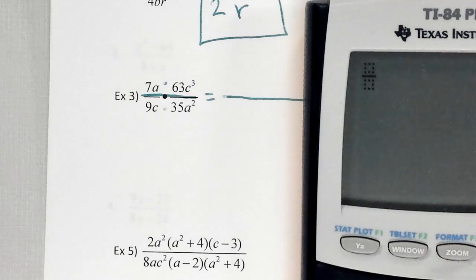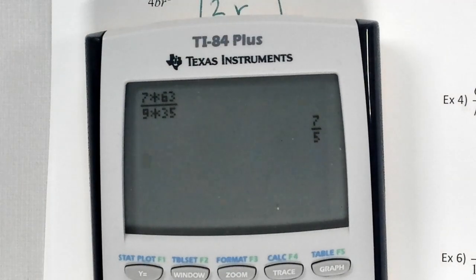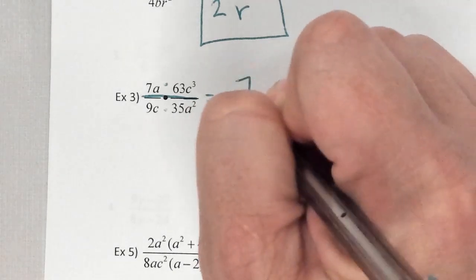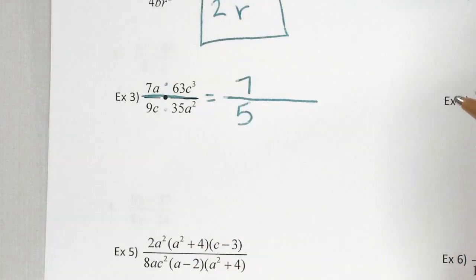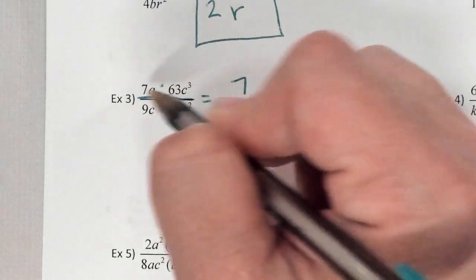What are my big numbers on top? 7 times 63. Yes? What are my big numbers on bottom? 9 times 35. And look, it literally simplified it for me. I didn't have to multiply it out. What did I get? 7 over 5. Now, I'm going to rewrite my letters in order because I don't have a duplicate letter on top.